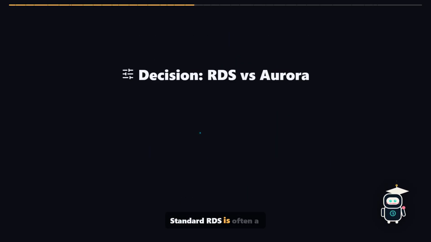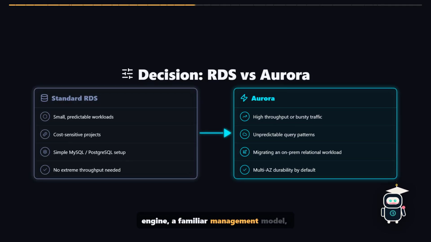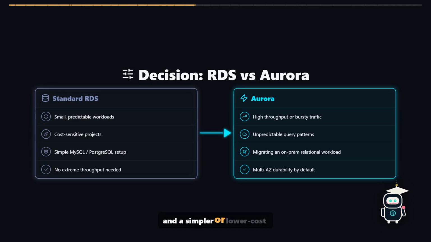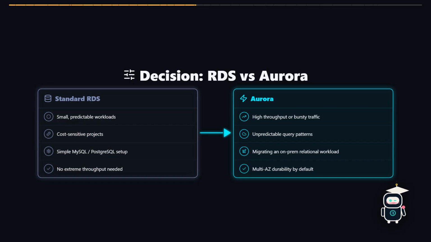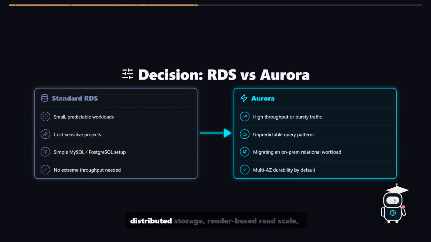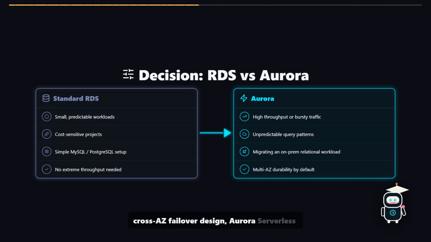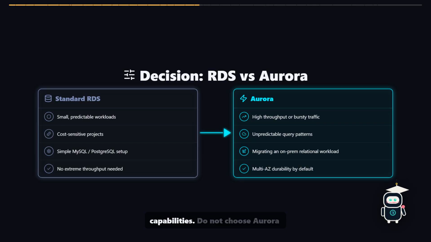Standard RDS is often a strong fit when a supported engine, a familiar management model, and a simpler or lower-cost configuration meet the workload's needs. Evaluate Aurora when the application is compatible with MySQL or PostgreSQL and benefits from its distributed storage, reader-based read scale, cross-AZ failover design, Aurora Serverless capacity options, or global database capabilities.